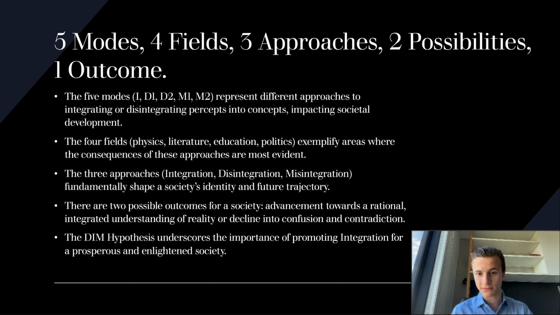So those are the 2 possible outcomes. Either it's one of those 2, or we progress into a rational, integrated view of the universe in service of our life. And 1 outcome. Something must happen next. So the question is, what happens next?